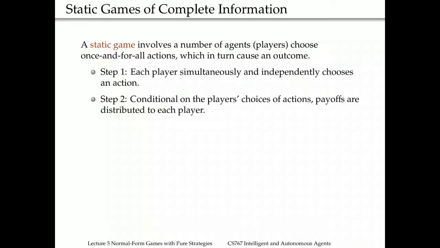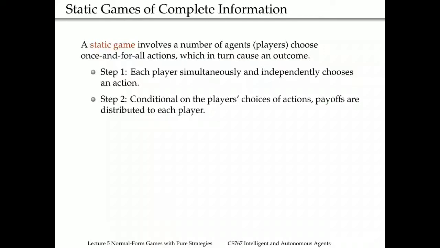So in that example, you can see that we have two agents, you and your partner, and you only need to make a once and for all action, whether to prepare for the exam or for the presentation tonight. And that's the only thing that you're concerned about at this stage. And you'll get an outcome the next day, right? So in this way, it satisfies the condition of a static game.